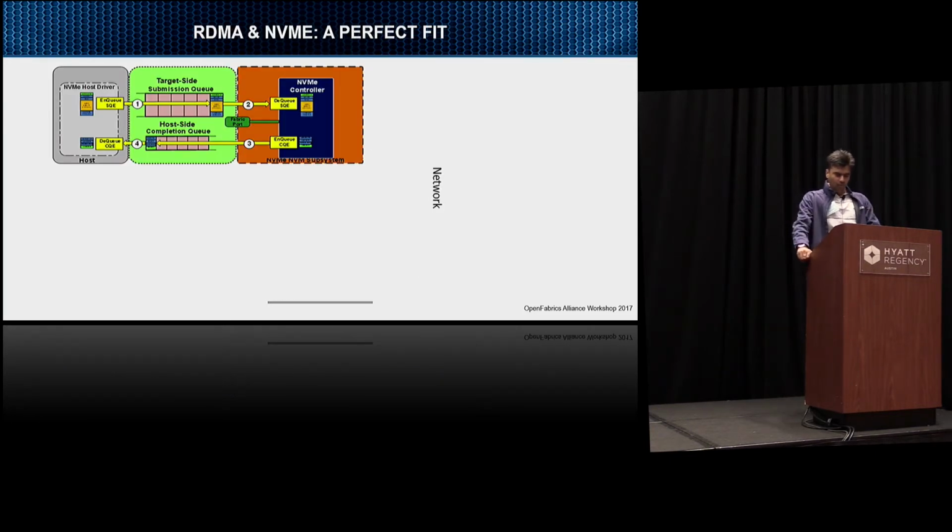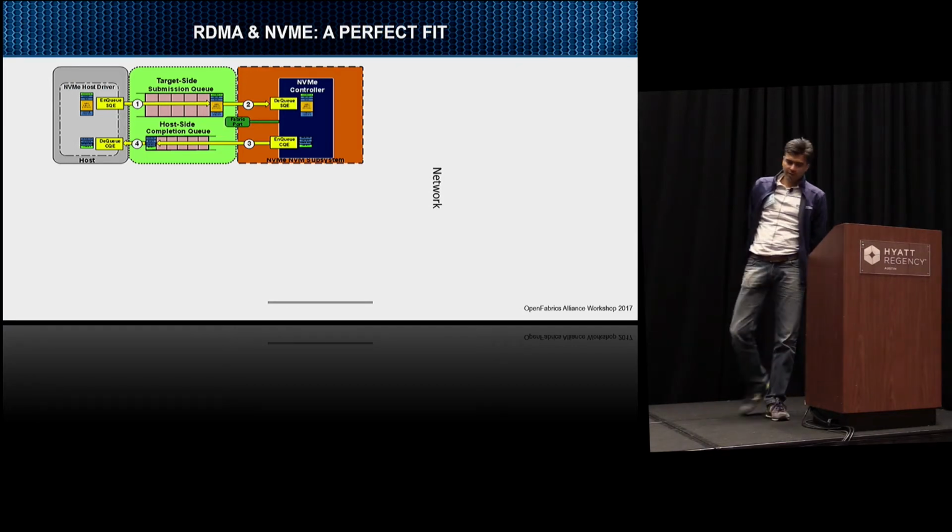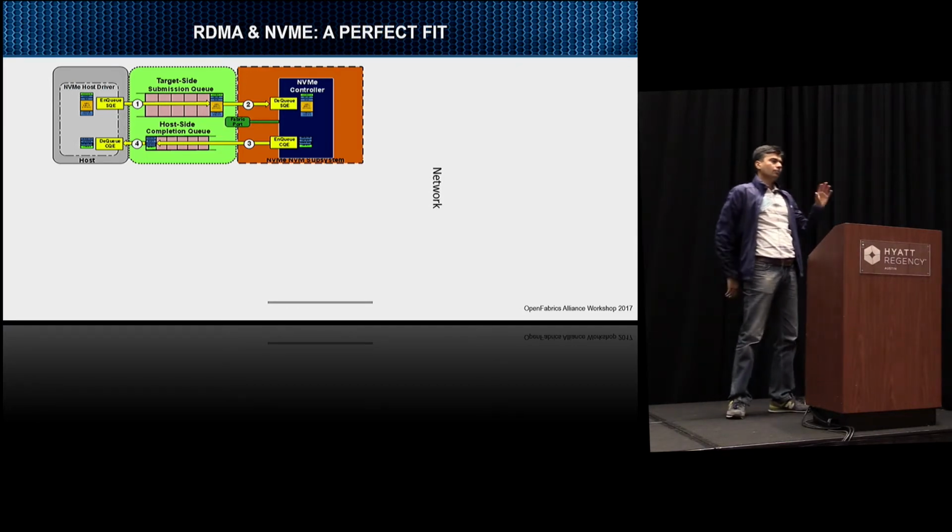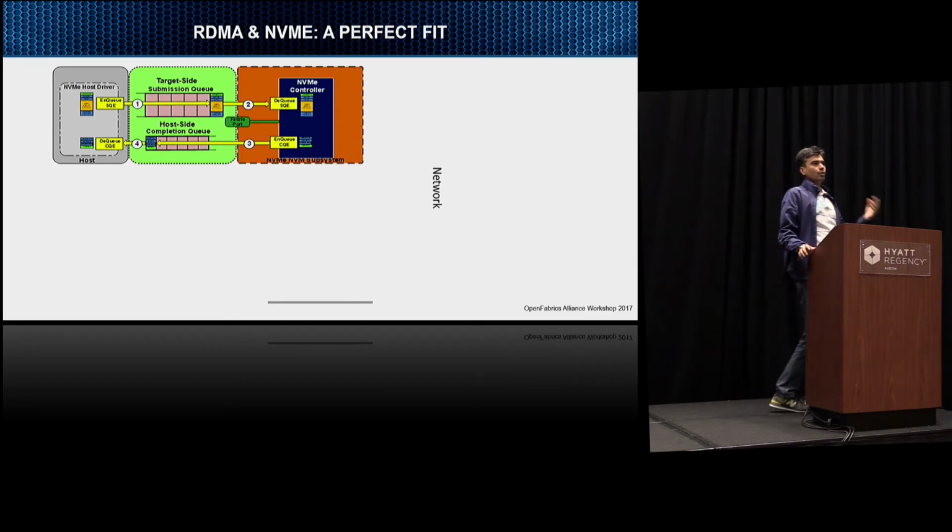So why are RDMA and NVMe a perfect fit? Very simple reasons. Both the protocols are asynchronous, both are queue-based, and all the queue semantics match each other very nicely. NVMe has an admin queue and IO queues, and RDMA similarly has send queues, receive queues, and completion queues.